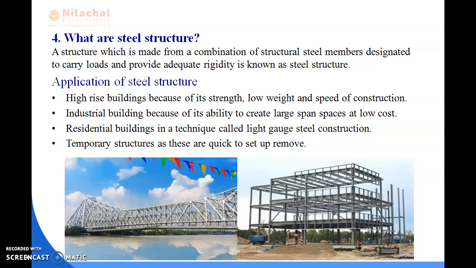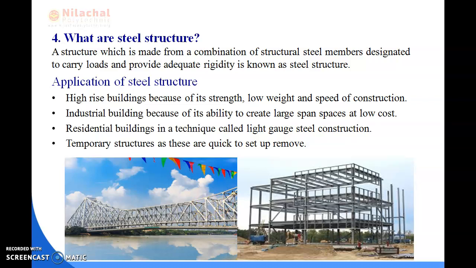So what are the applications of steel structure? The applications are high-rise buildings because of its strength, low weight and speed of construction. The steel members are available in different sizes, so we can easily put a connection and make any kind of structure.